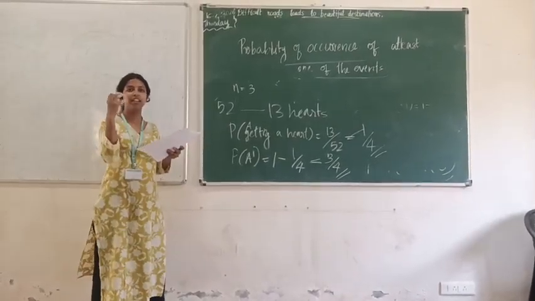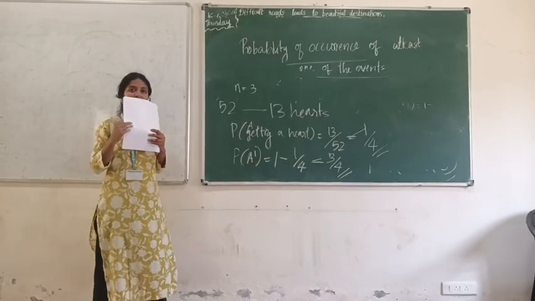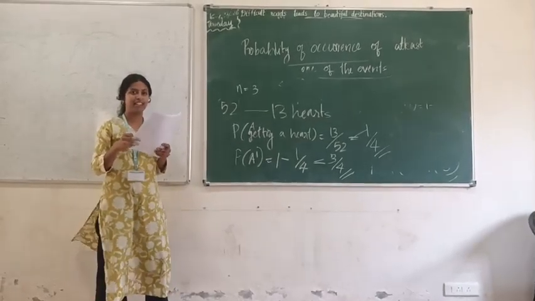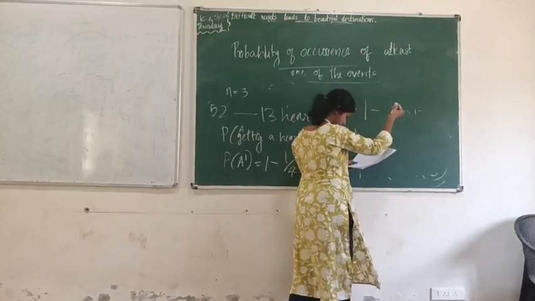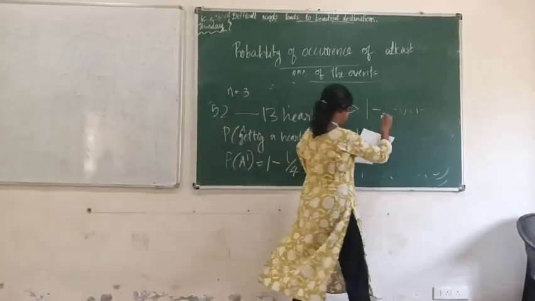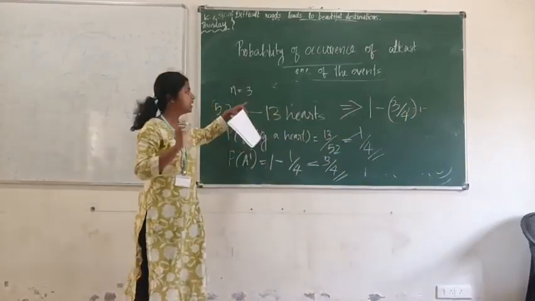Now, to find P of at least 1 heart, we use the equation: 1 minus 3 by 4 raised to n. What is the value of n? 3.